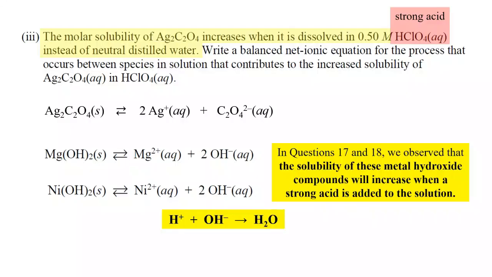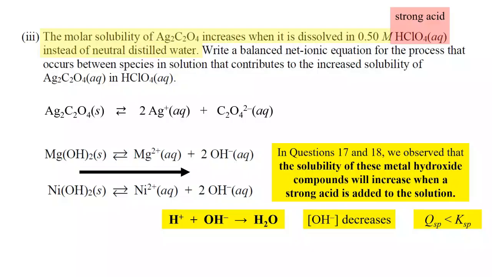So H plus ions had reacted with the hydroxide ions in magnesium hydroxide and nickel hydroxide, and that resulted in Q becoming less than K. So when Qsp becomes less than Ksp, the equilibrium for the dissolution of the solid will experience a net conversion from left to right, or from the solid to the aqueous ion. So we're increasing the solubility of either magnesium hydroxide or nickel hydroxide in the presence of a strong acid.